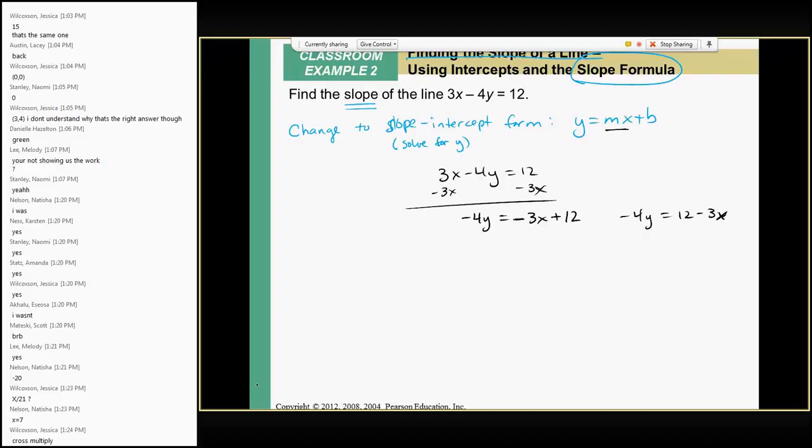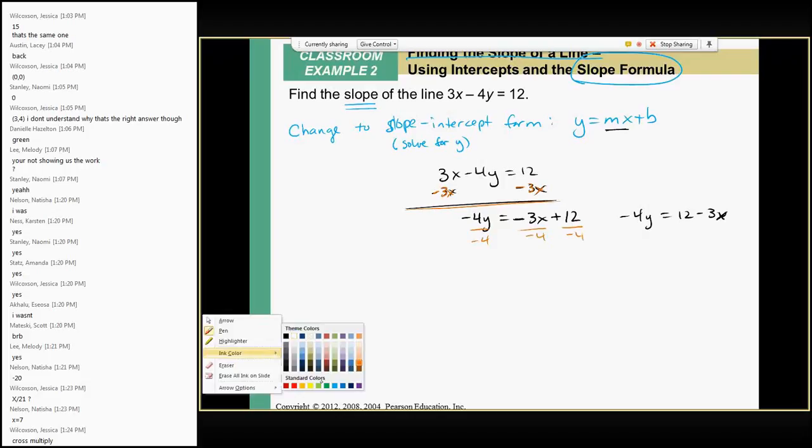Okay, now, what do I do to get the y alone? Divide both sides by negative 4. Good. What I like to do sometimes is just divide every term by -4. That's the same thing as dividing both sides by -4.